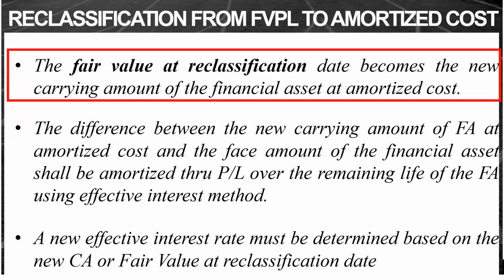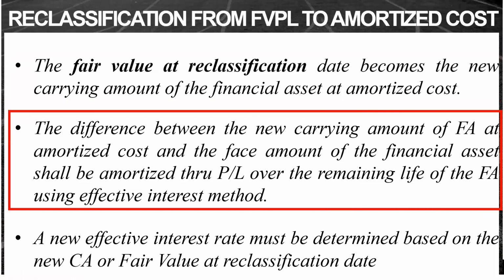Now, the difference between the new carrying amount, which is again equivalent to the fair value at reclassification date, and the face amount of the financial asset, the face value of our bonds, we amortize through profit or loss over the remaining life of the financial assets using the effective interest method.